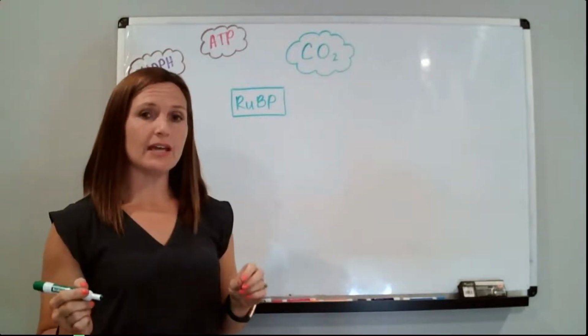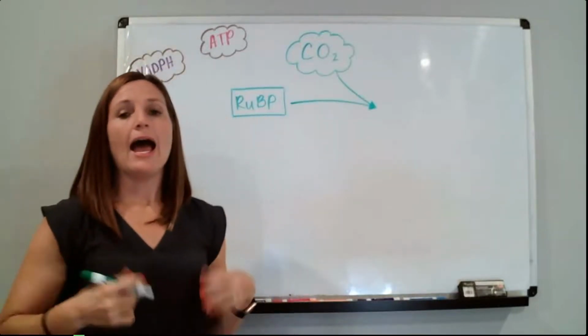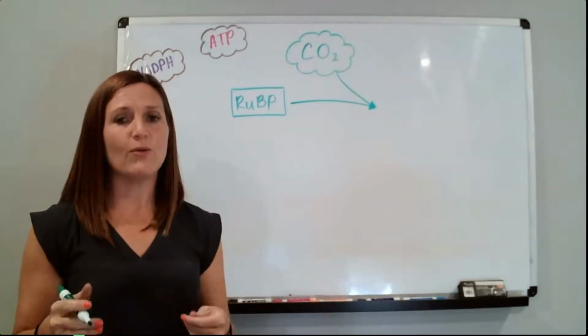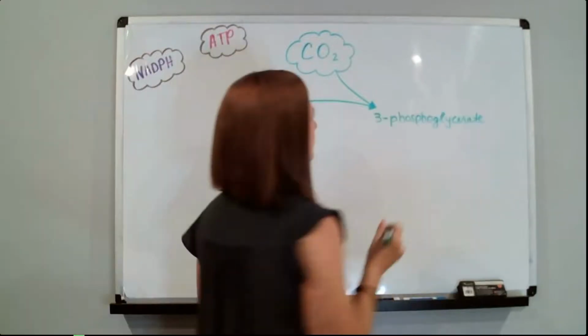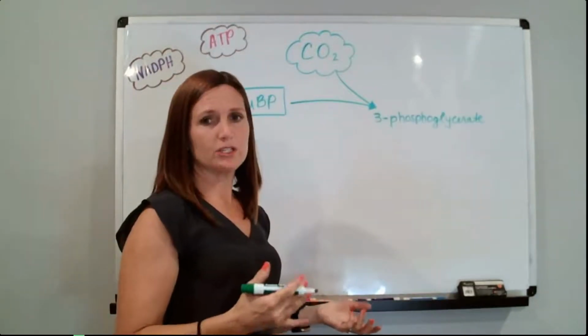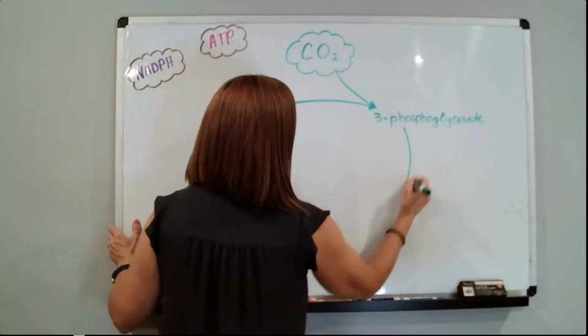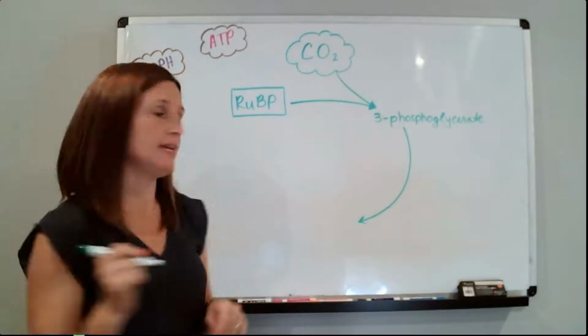So in the beginning of the Calvin cycle, these two molecules combine. And they form a molecule whose name you do not need to know, but they form something. Its name is 3-phosphoglycerate. And 3-phosphoglycerate, which, as a reminder, you don't need to know its name, is going to become a molecule called G3P.